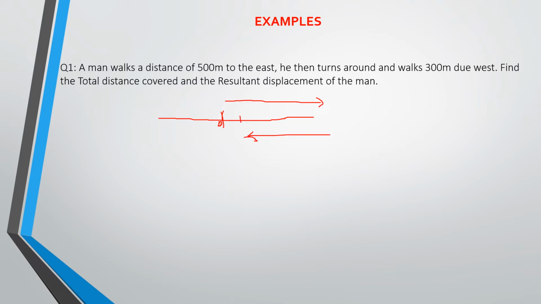So if you have your gradation here, this is 0, and I have 1, 2, 3, 4, 5. Each of these marks is separated by 100 meters, so this will be 500 meters. Then here, 1, 2, 3, this is 300 meters in the opposite direction.